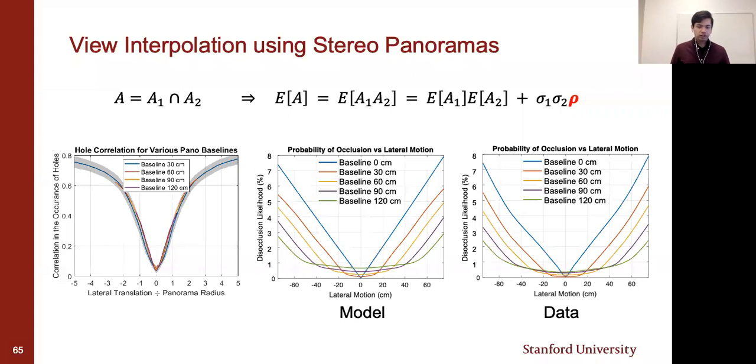The model prediction is shown in the middle, and the observed data is shown on the right. The x-axis in each case shows lateral head motion in centimeters, and the y-axis shows disocclusion holes in percentage. The different lines show panoramas with different baselines, where the blue line in the middle corresponds to a monoscopic panorama, and the outermost green line shows a panorama with a 60 centimeter radius.